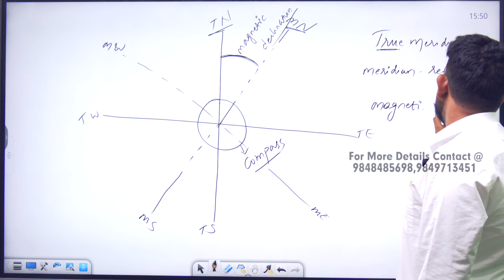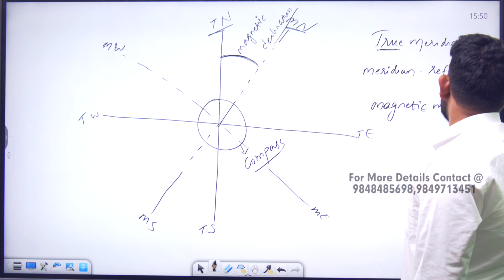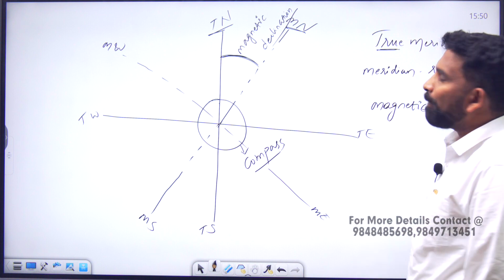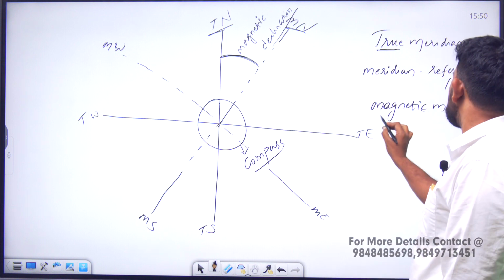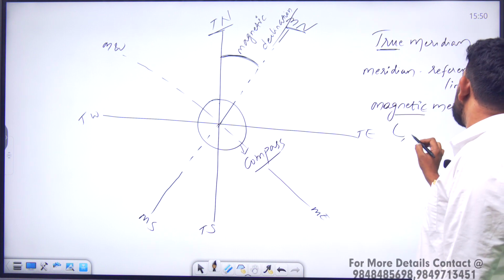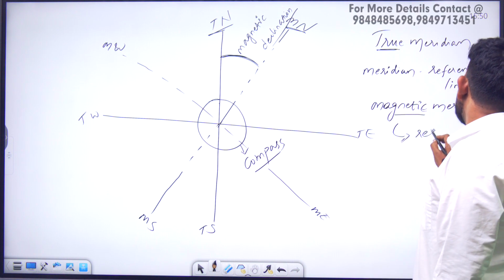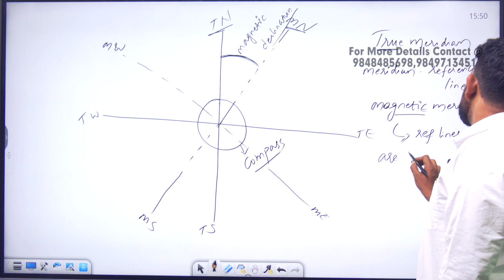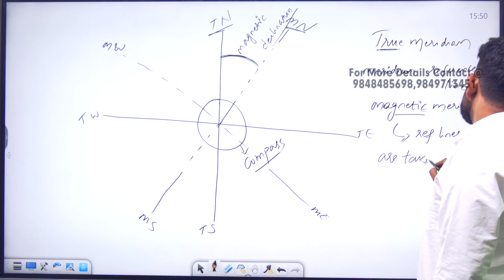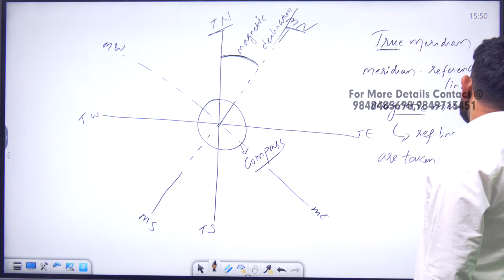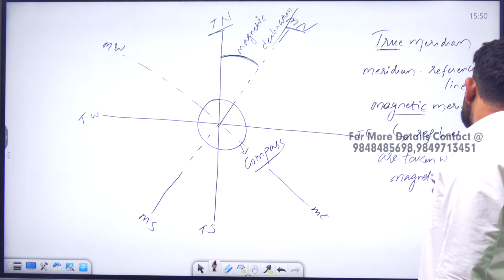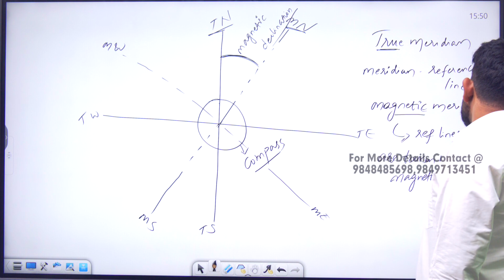Now what are these magnetic meridians? Magnetic meridians are also nothing but reference lines, but these reference lines are taken with respect to magnetic directions.